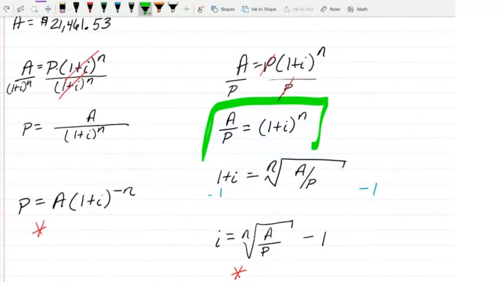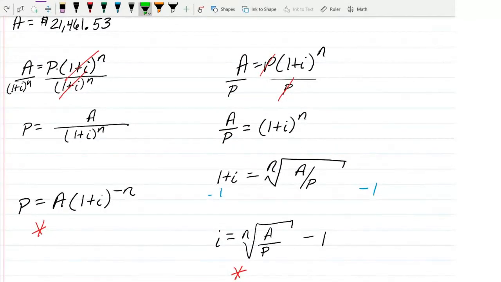When I get down to here, A over P equals 1 plus I to the n power, this looks exactly like my base exponent power equations from last week. And if I want to solve for I, which is in the base, I need to use a radical.